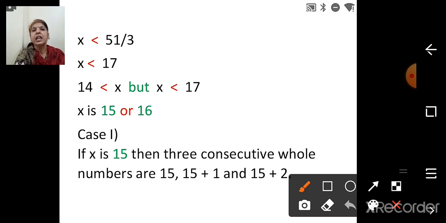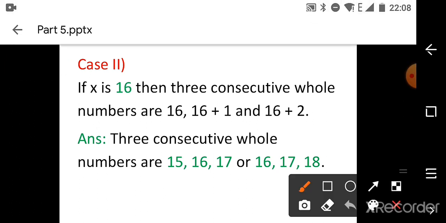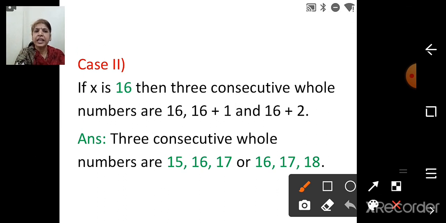Again we are getting 2 conditions. First condition is case 1. If x is 15, then the 3 consecutive whole numbers are 15, we add 15 plus 1 and 15 plus 2, like x, x plus 1 and x plus 2, right? Next case. Now the second case also is done. If x is 16, then the 3 consecutive whole numbers will be 16, 16 plus 1 and 16 plus 2.